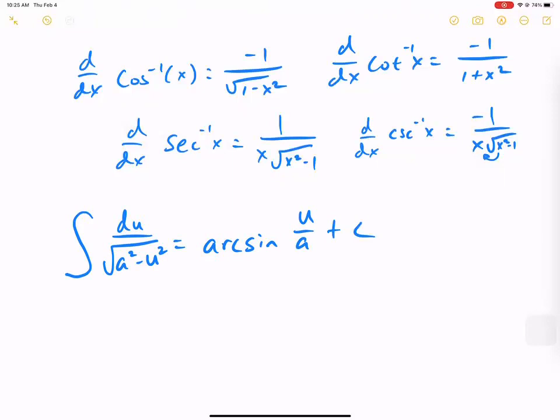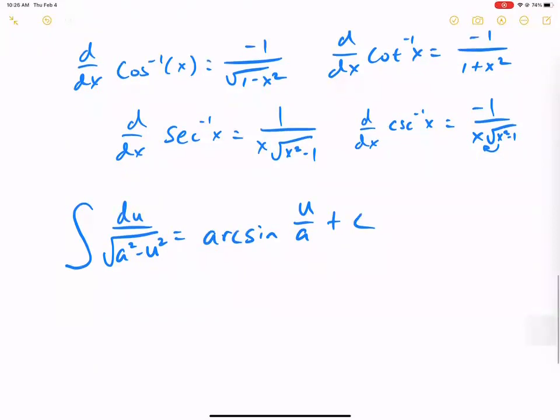Now, this does look a little funny, and we'll talk about why in a little bit. There is another identity where it's just 1, just like our derivatives, but we'll look at that in a little bit.